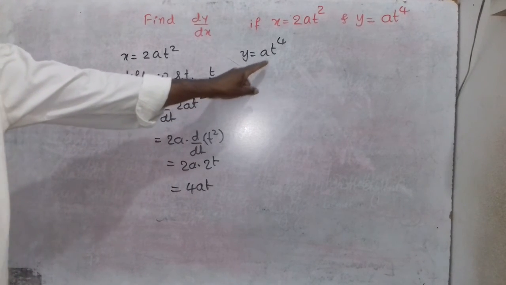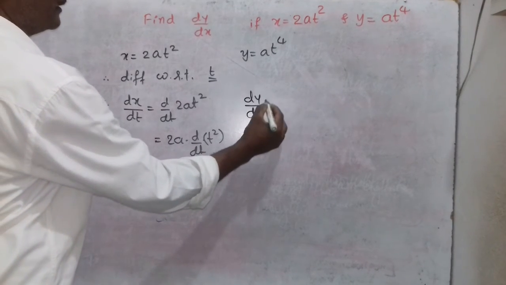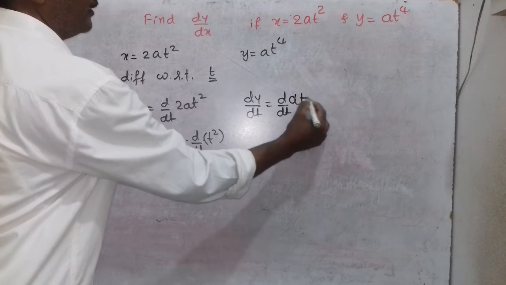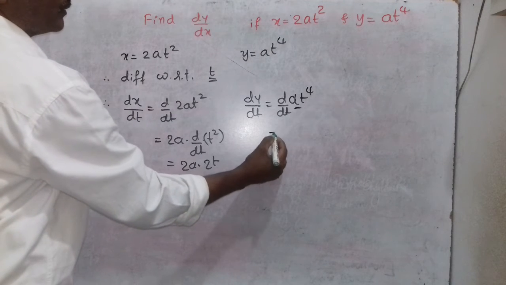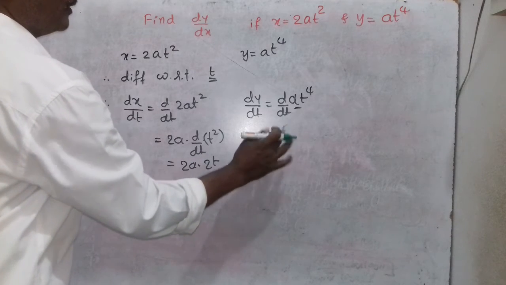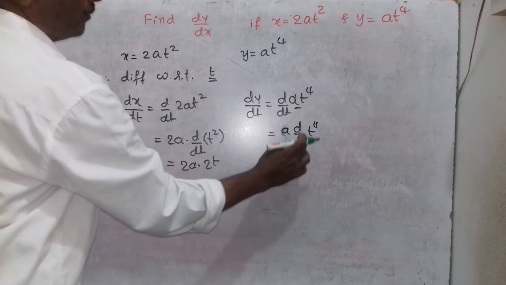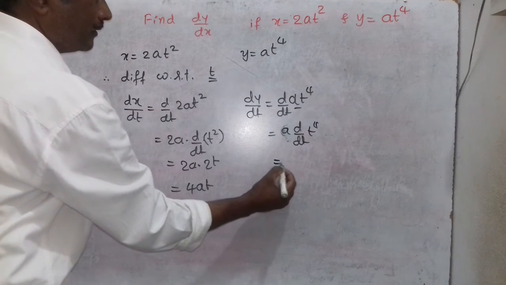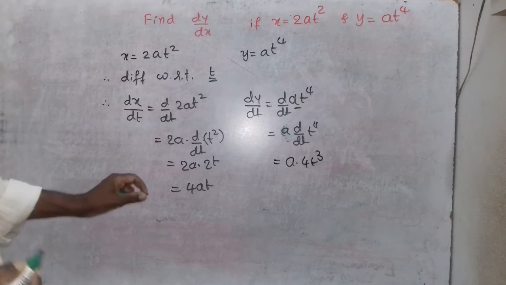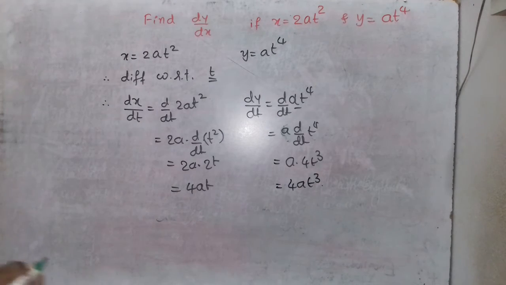Similarly, y equals at fourth. So dy upon dt equals d by dt of a t fourth. A is constant, and d by dx of x raised to n follows the power rule, so this is 4t cube. Therefore dy by dt is 4at cube.